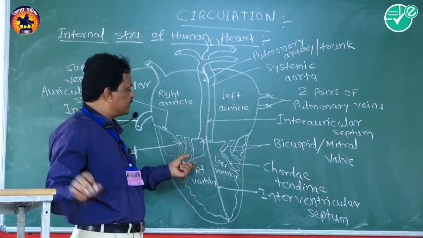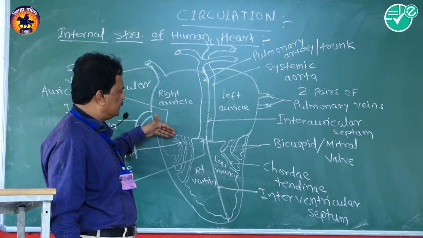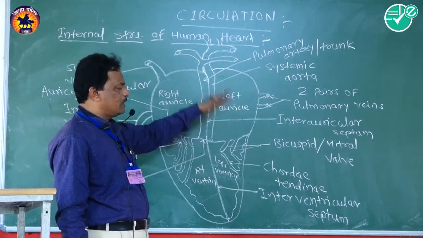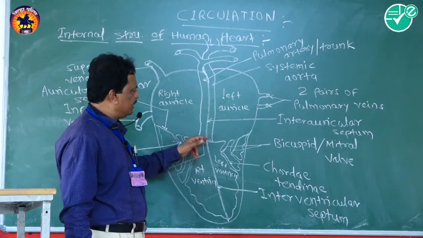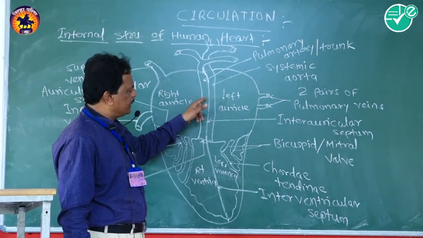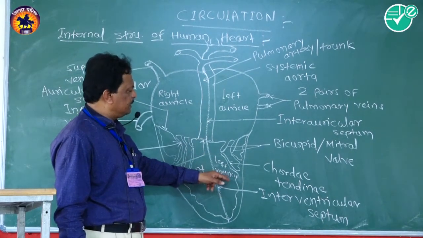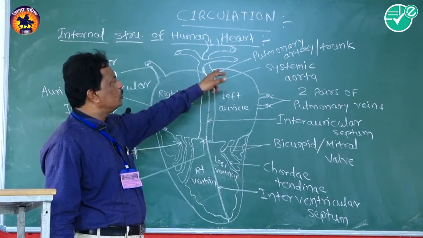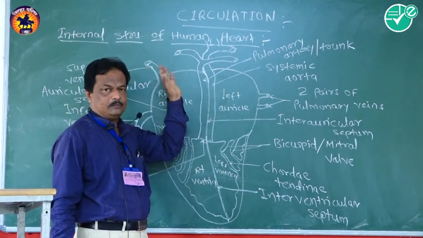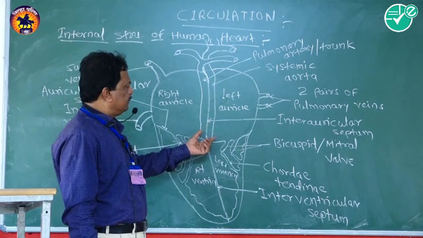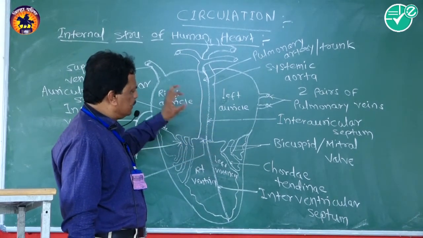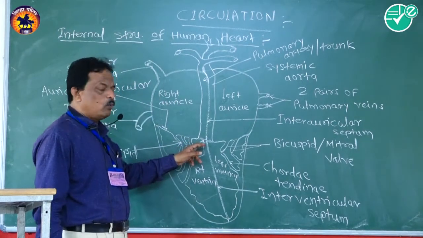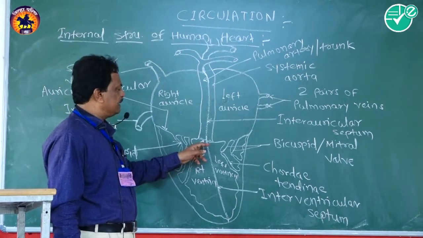Means when ventricular contraction starts, the tricuspid and bicuspid valves become closed, and the blood which is present in the right ventricle enters into the pulmonary trunk, and the blood which is present in the left ventricle enters into the systemic aorta by the openings of the walls which are present at its base.